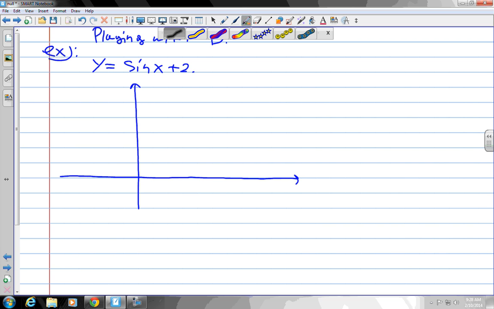The original sine is this, right? So it's bounded by -1 and +1, right? Well, now everything gets shifted by 2. So my new range is going to be from +1 to +3, right? That's between these two values, the sine curve is going to be bouncing.